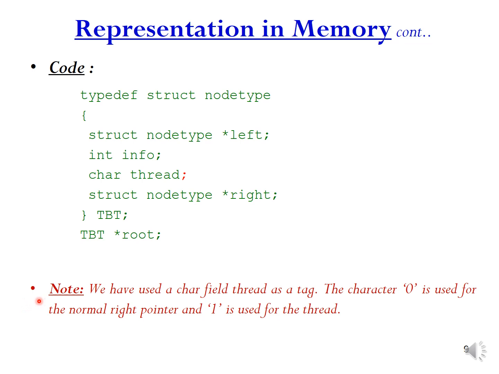It is to be noted here that we have used a char field, thread, as a tag. The character 0 is used for the normal right pointer, and 1 is used for the thread. If we are using the thread, it will use 1, and if we are using the normal right pointer, it will use 0.